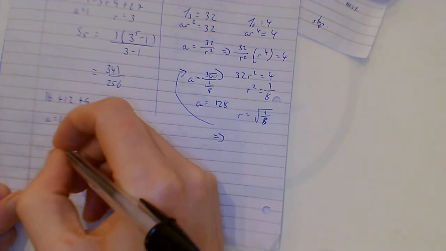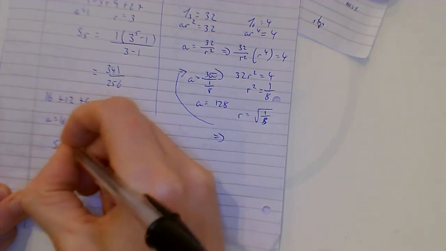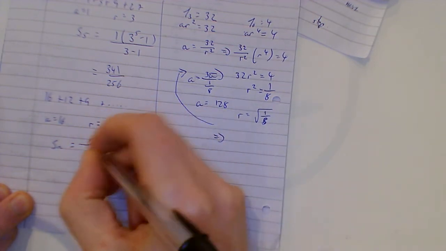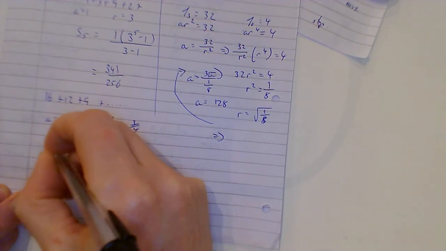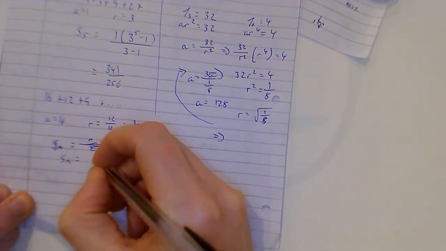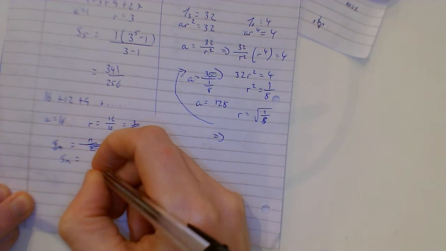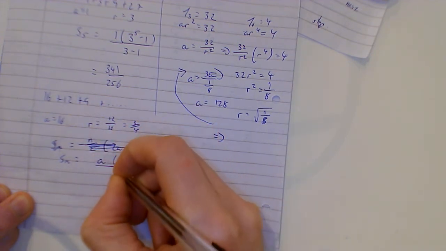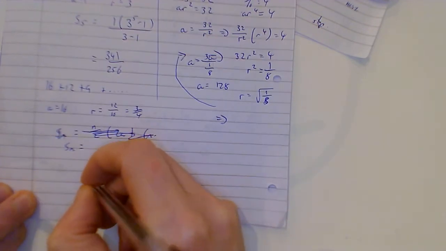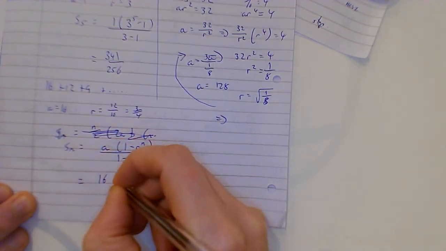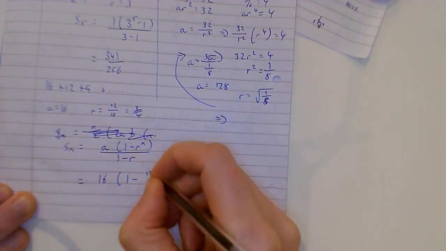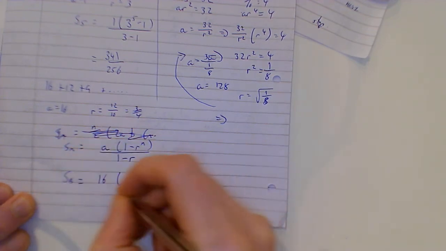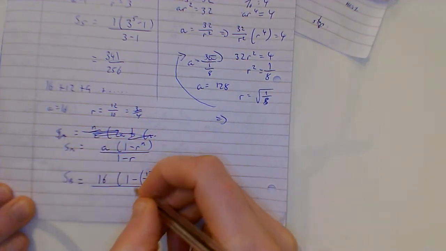And then I'm going along here and I'm putting in my S of n as normal. Sorry, wrong one. S of n, r is less than 1, so it's a times 1 minus r to the power of n all over 1 minus r. Now, a is 16. If you think 1 minus 3 over 4 to the power of infinity, anything less than 1 to the power of infinity goes to 0.